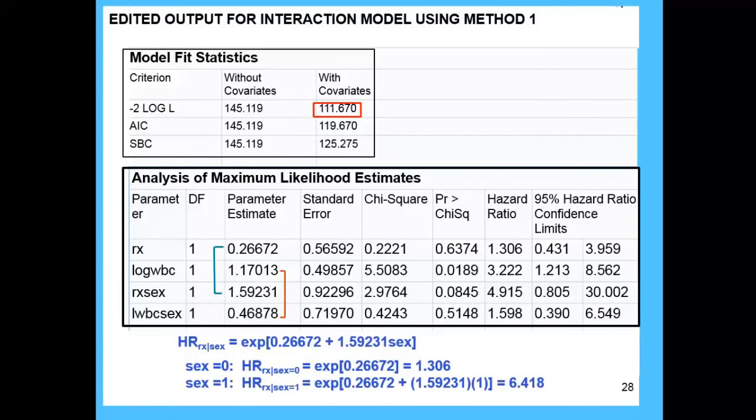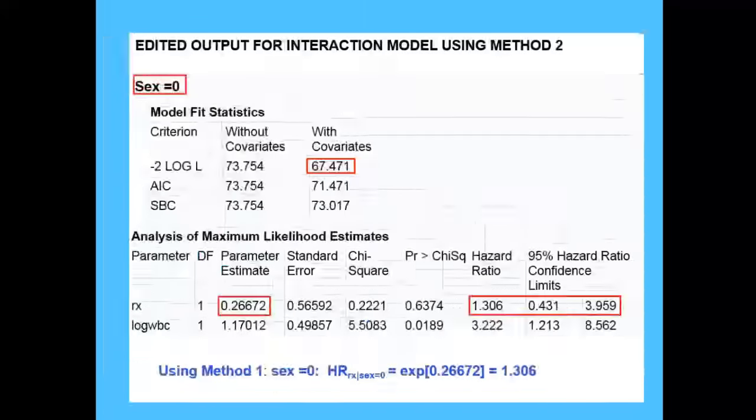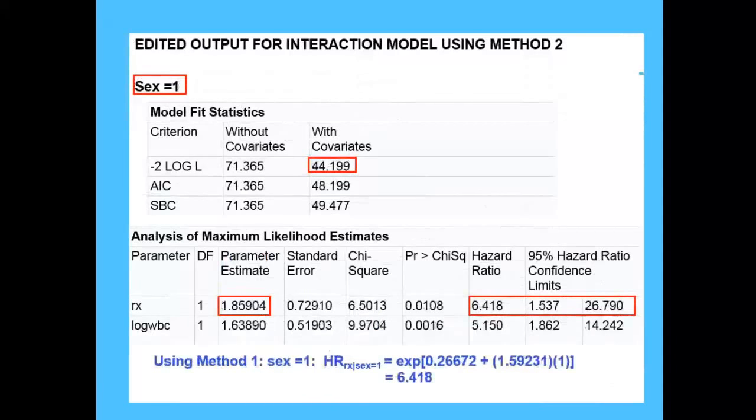So what I've just done, believe it or not, is that both those models give me exactly the same answers. They give me two hazard ratios, one for males, one for females, and I could write the model one way or the other. Which way do you want to write it? Doesn't matter, as long as you do it one way or the other, as long as you know what you're doing.